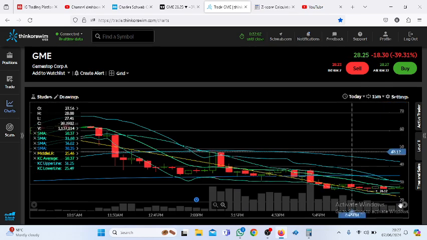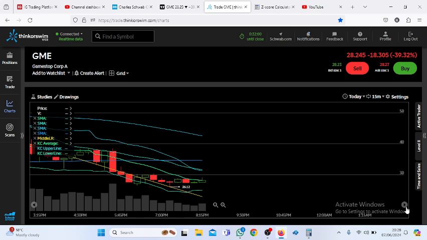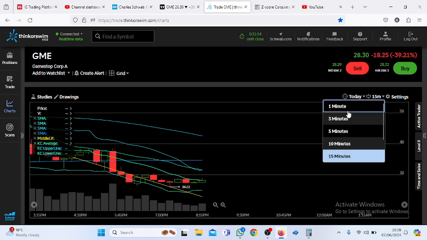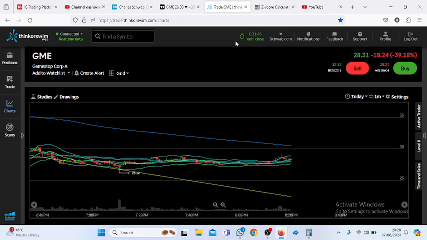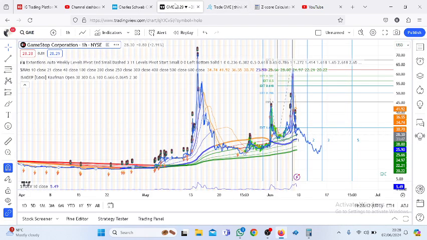The closest to what's going on is obviously the 1-minute chart. Yeah, it's looking up, gradually pointing up.